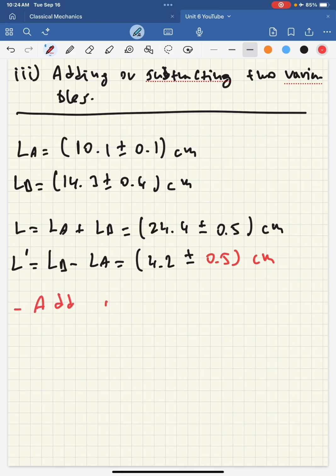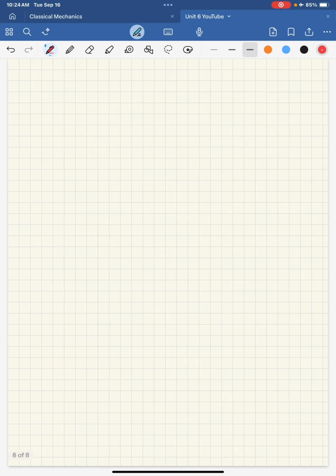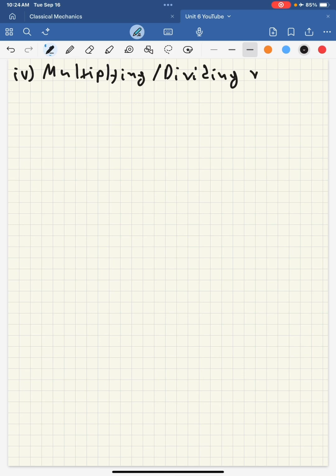And the fourth case is multiplying or dividing variables.